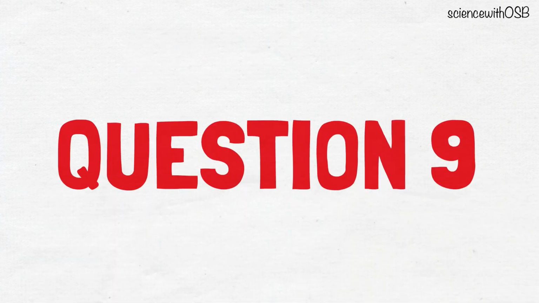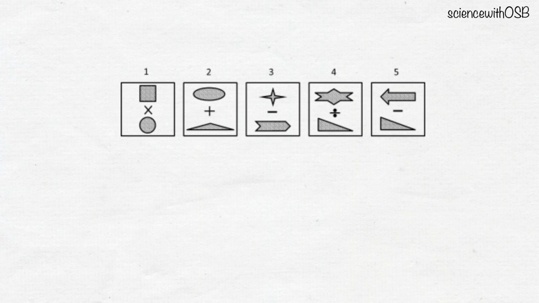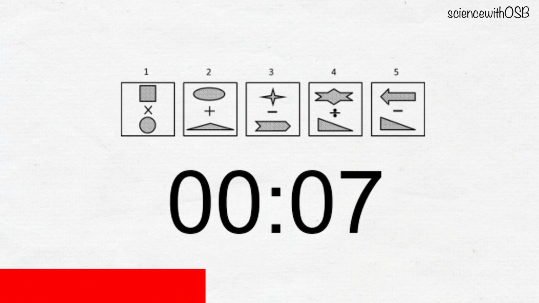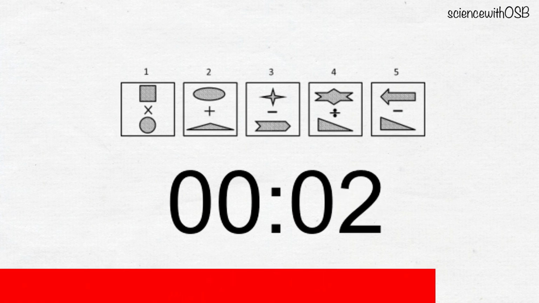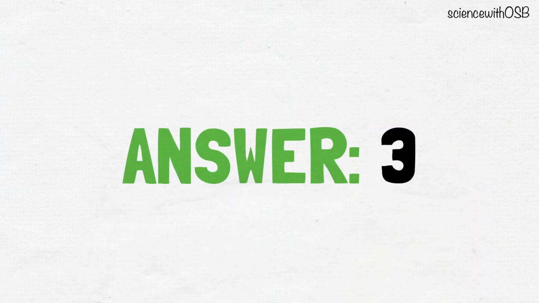Question number 9. In this question, you have to imagine what would be the sum, product, or difference of each given combined shape below. Pick the odd one out. The correct answer is 3.